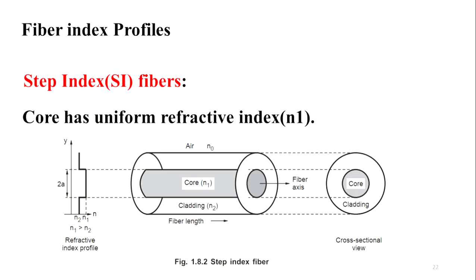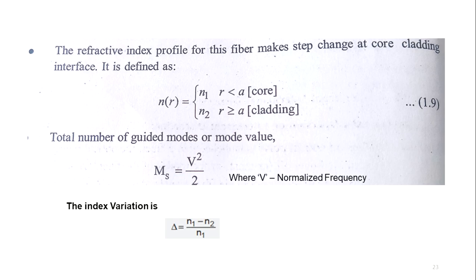The first diagram shows the step index fiber. Here we can see the core has a uniform refractive index N1 and the cladding has N2. N1 is always greater than N2. This is the formula for the refractive index profile, that is, the step index profile. Here N1 is the core refractive index and N2 is the cladding refractive index.